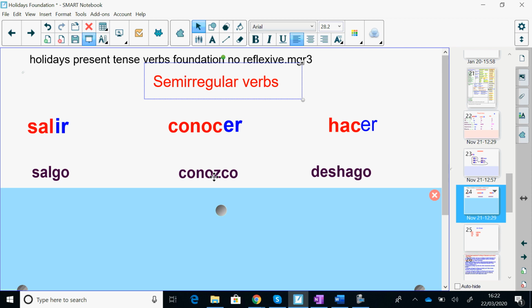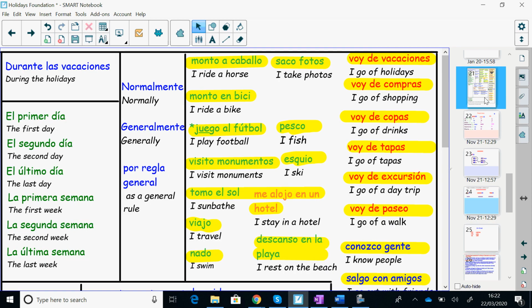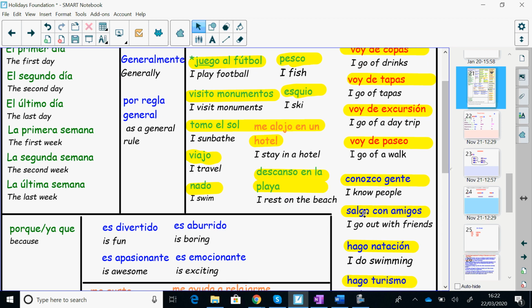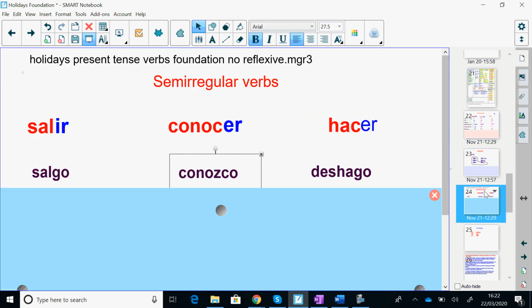We know this because we learned that by heart in here with a sentence builder. You see, conozco, okay. We also learn salgo here. We also learn hago. So the first person should be really easy for you now. Salgo con mis amigos. Conozco gente. Hago la vela.